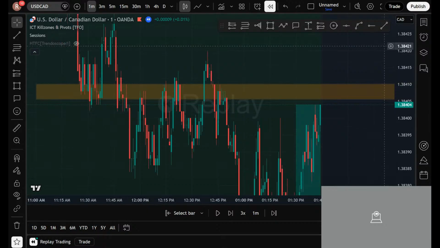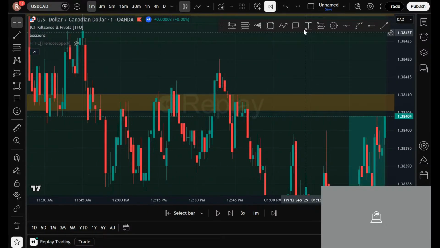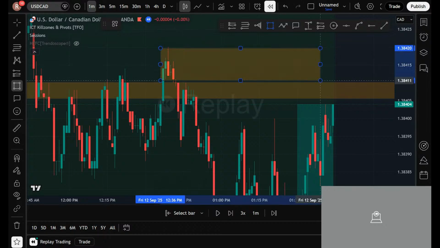So where are our order flows? We have order flows. Buyers, sellers, higher high, higher low, higher high, higher high, higher low, high and break.